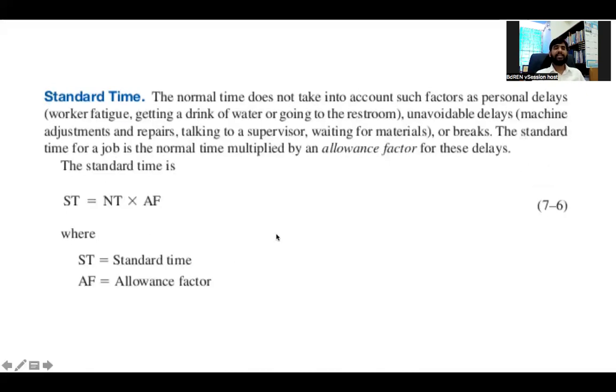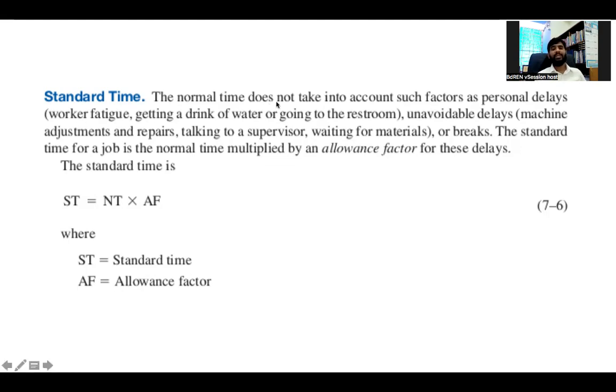So after getting the normal time, the third step is to calculate standard time. The objective of the chapter, work measurement, is to know the standard time. And why standard time is so important, we are going to explain.